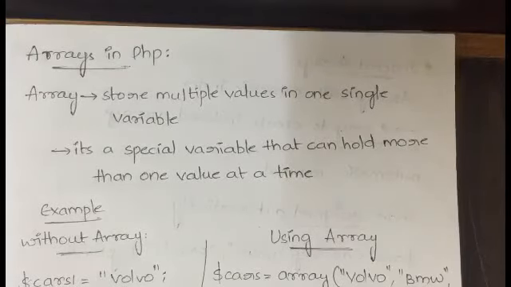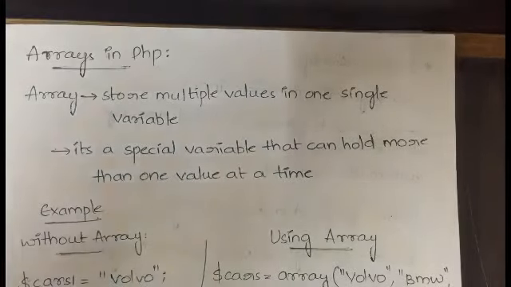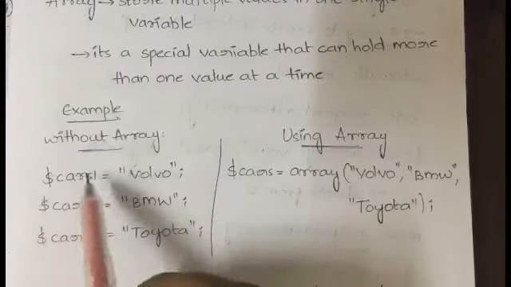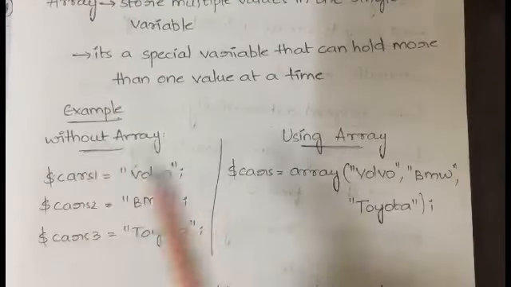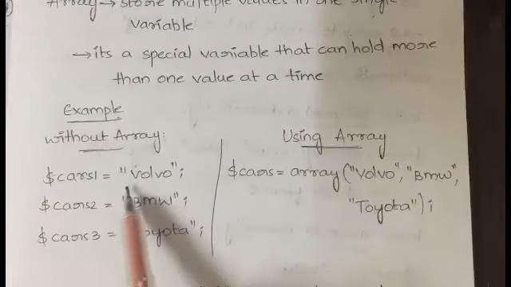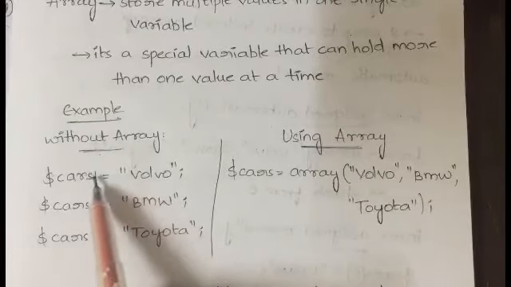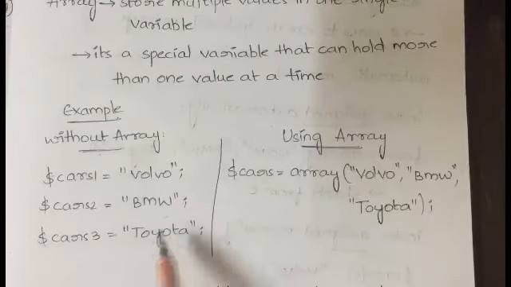And let us see how array works. That means what is the difference between declaring multiple values without array and declaring multiple values with array. If you can see this example, this is without array and this is with using arrays. We have declared three variables in the names of three cars.